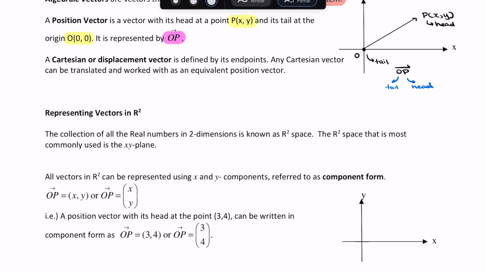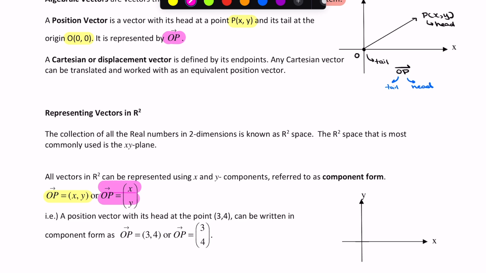So for vector OP with coordinates (x, y), in component form we write vector OP as x on top and y at the bottom, one on top of the other.